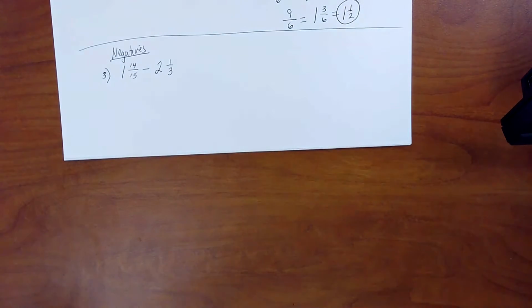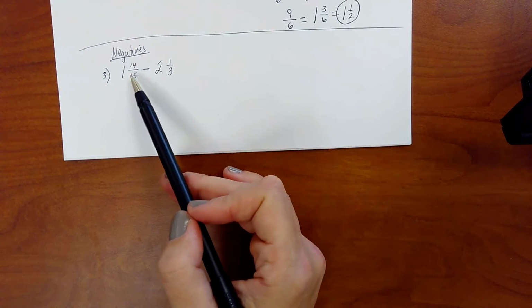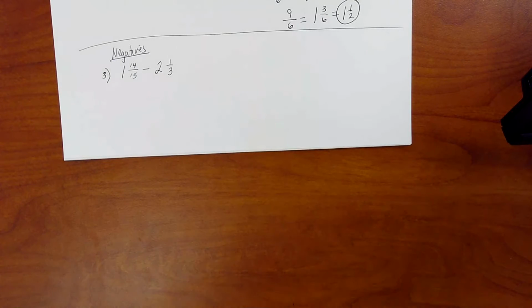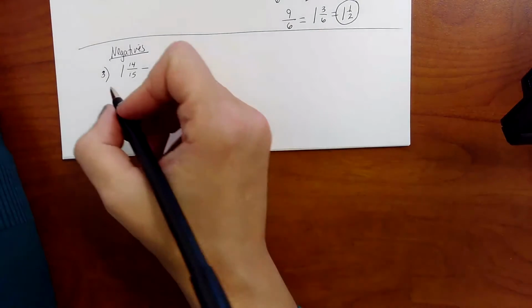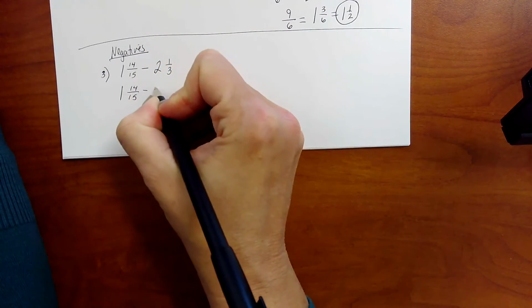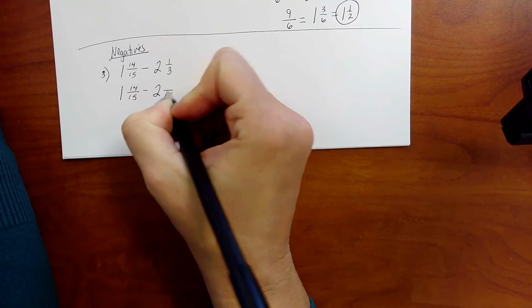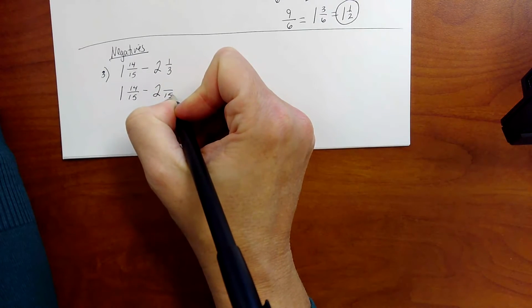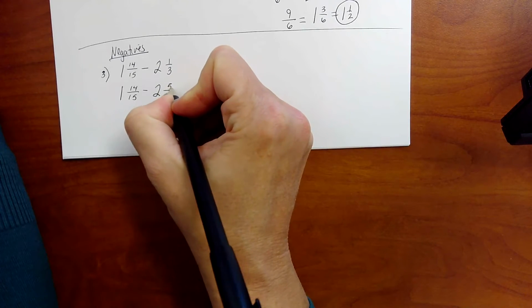First of all, zoom out. Look at what you've got here. 1 in some stuff minus 2 in some stuff. That's going to give you a negative answer, right? So you kind of have to see the big picture here. If you start doing the math, you get a common denominator. Make it 15, so 3 times 5 is 15. 1 times 5 is 5.